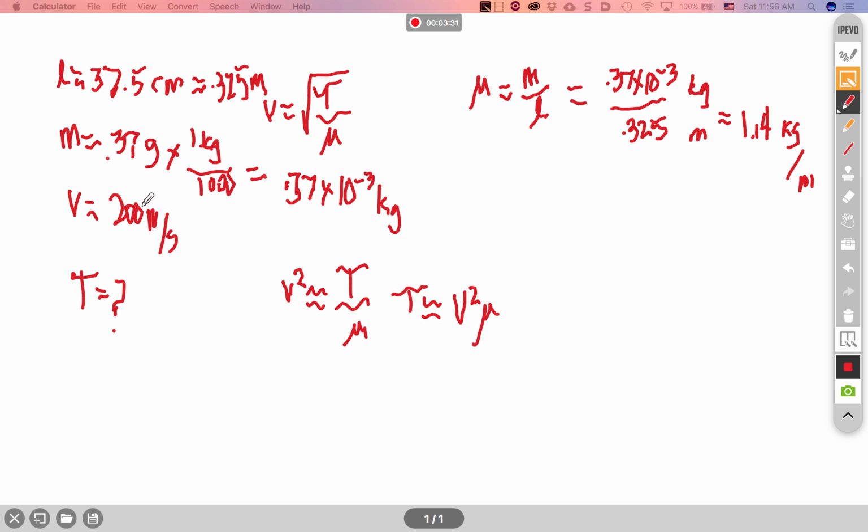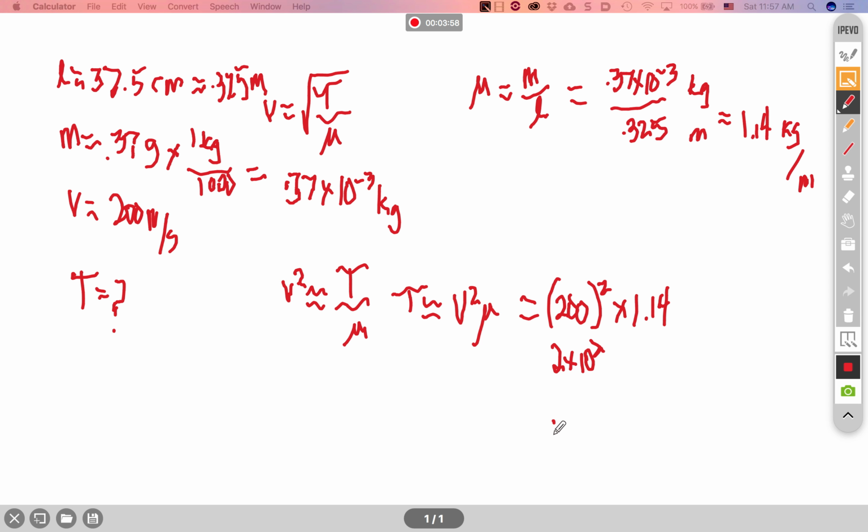V is 200. Mu is 1.14 kilograms per meter. So we get 200 squared times 1.14 kilograms per meter. 200 squared, 200 is 2 times 10 to the second.